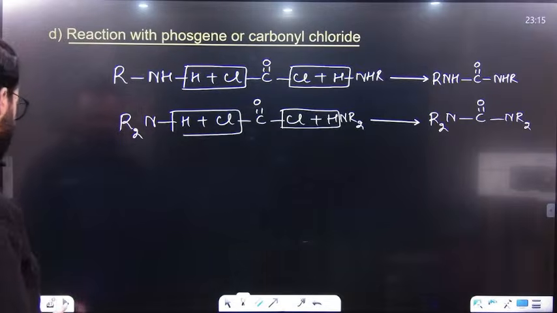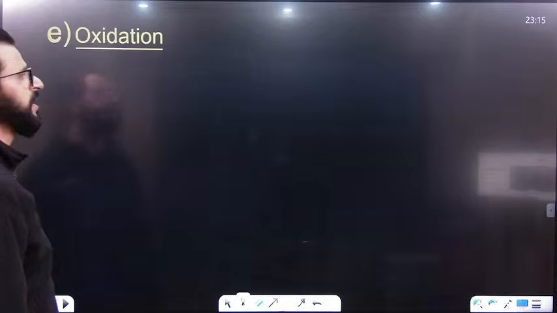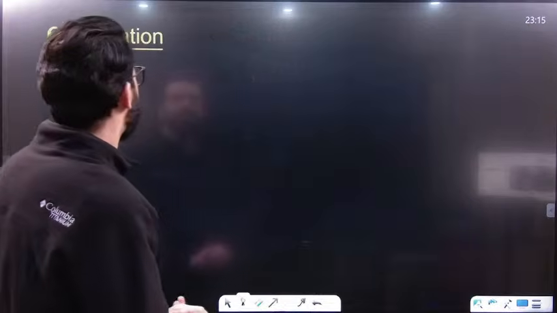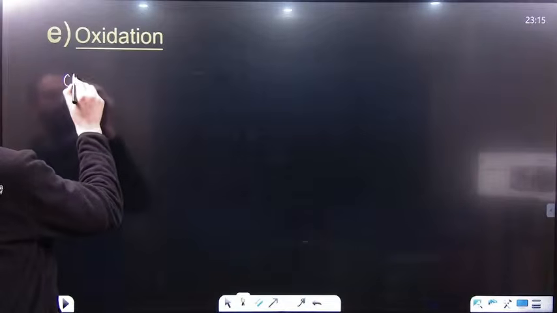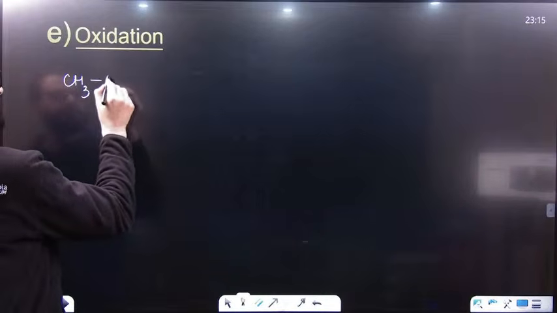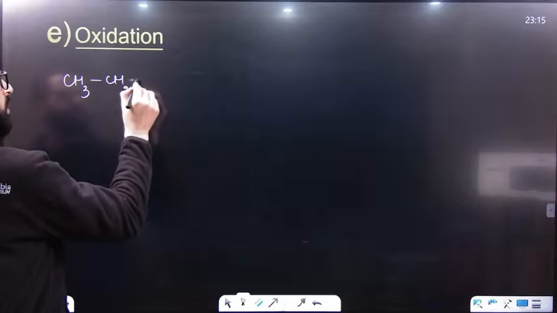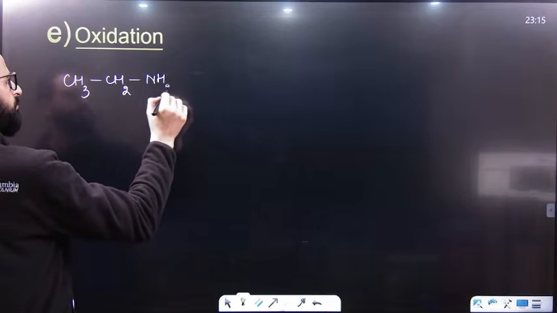Now, after that, we have oxidation. Remember, different amines in the presence of different oxidizing reagents will give us different products. For example, if we have an amine like this, CH3CH2NH2. What is this?